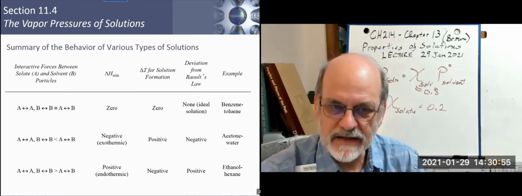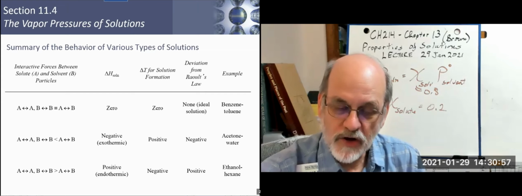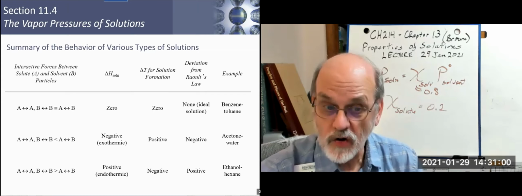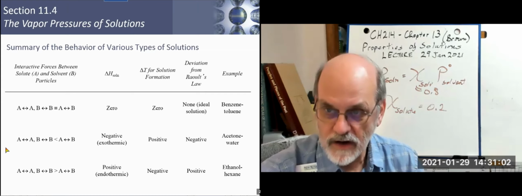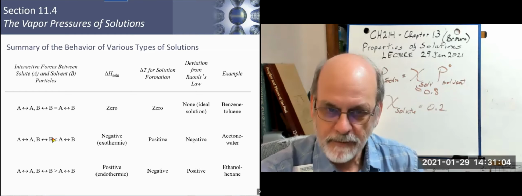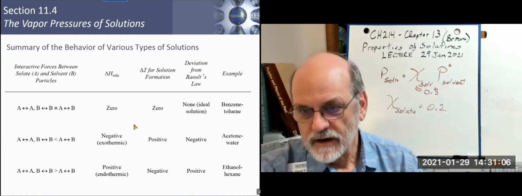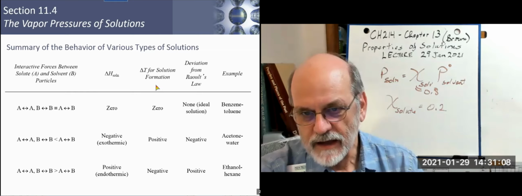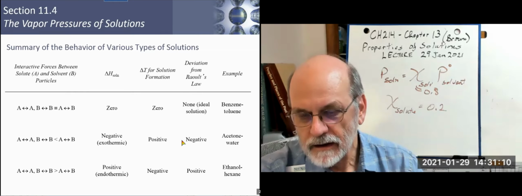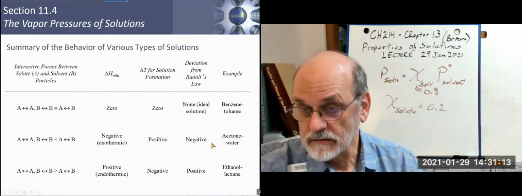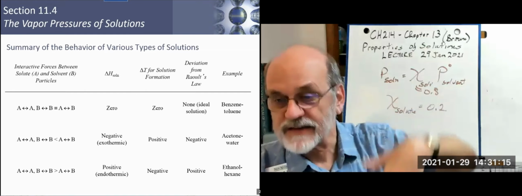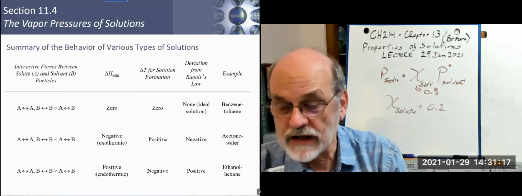So B attracts B, A attracts A, but when you combine them, A and B attract each other stronger than either A attracts A or B attracts B. So in that case, you've got a negative deviation, a dip, because acetone and water attract each other strongly.